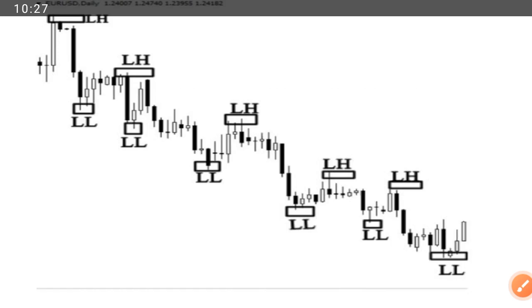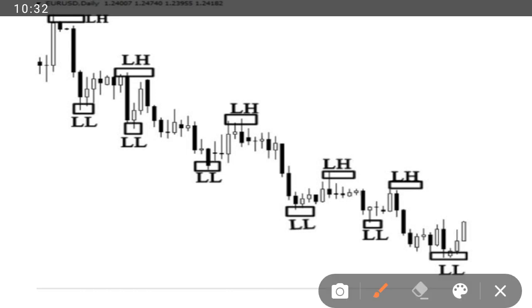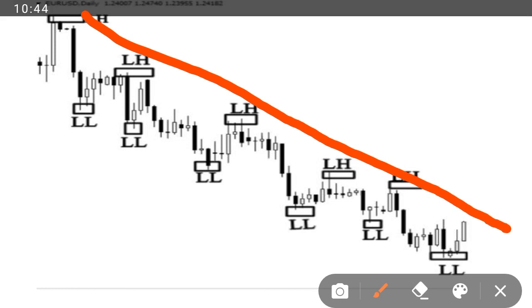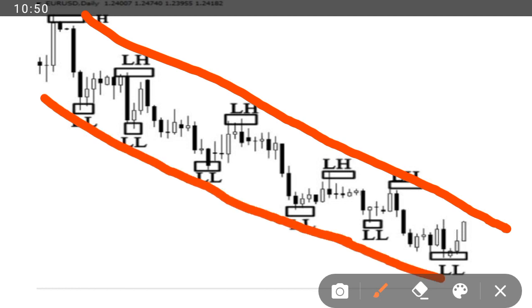Now look at this one. What's happening here? As you can see, the upper reversal point is called what? The highs. The lower reversal point is called what?